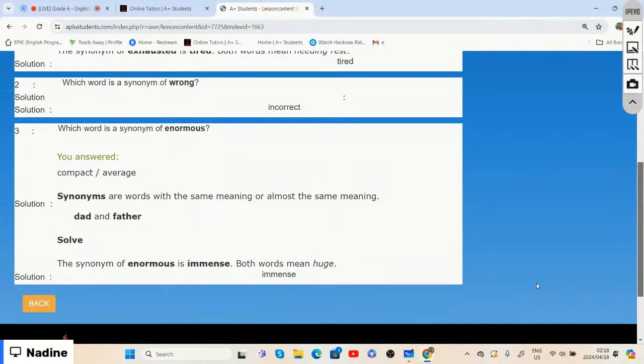And the reason why immense is correct is because immense also means that it is huge.